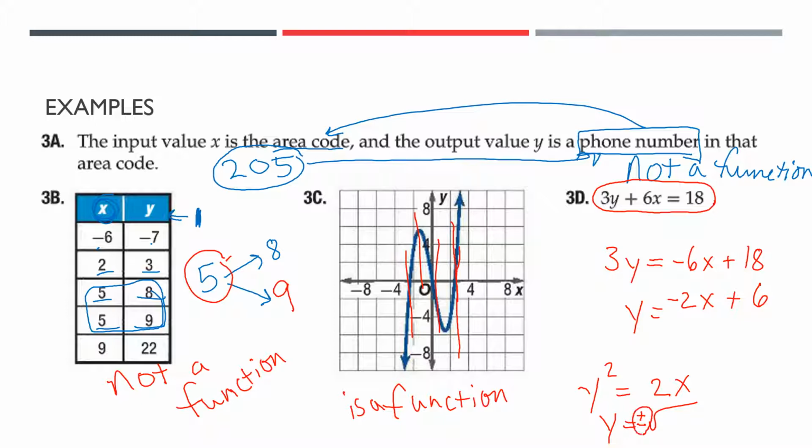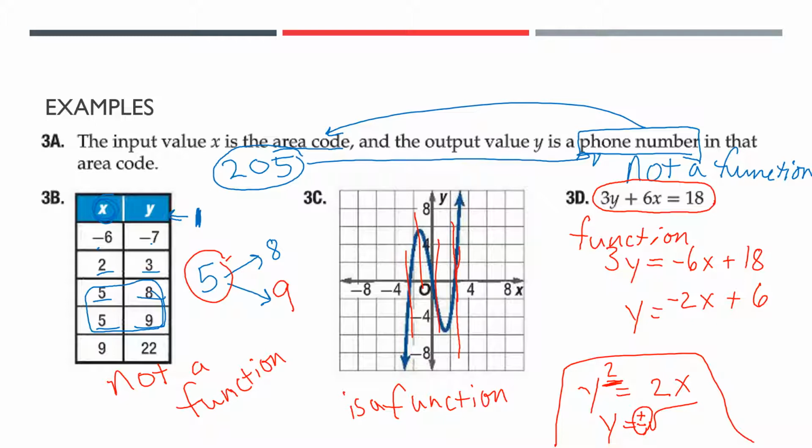This is why it was important in the last chapter that I taught you when you needed the plus and minus, when you needed to use the absolute value. There are 2 possibilities because this is even. As it's written, this down here was an aside. As it is written, this is a function.